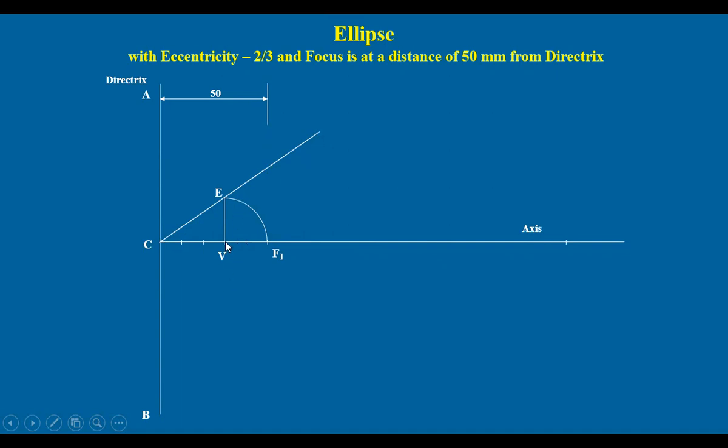How? Beyond V, you take some points on this axis line. Say I've taken some point somewhere. It need not be at a fixed distance or anything. Any point you take. Suppose I call it some point here, right? And this point I am calling 1. Draw a vertical line here. This intersects the extended line at a point 1 dash.